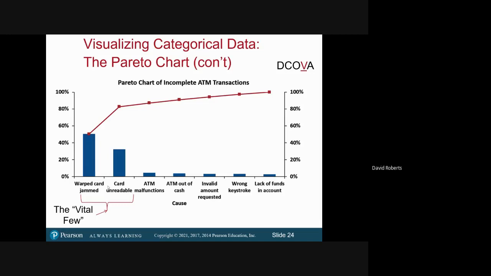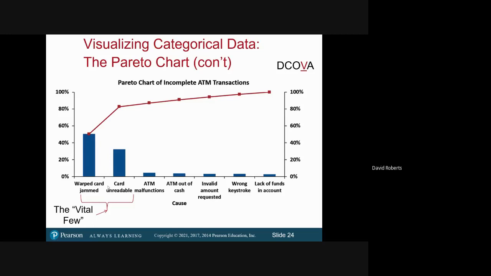You can see very easily that the two on the left, the warped card and the card unreadable, are by far and away the biggest. So what are you going to focus your efforts on? Those two. And it's very important that you realize that a Pareto chart starts on the left and goes to the right. It's like a set of stairs going down.